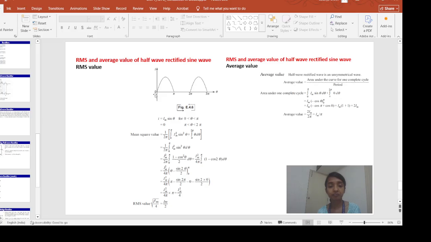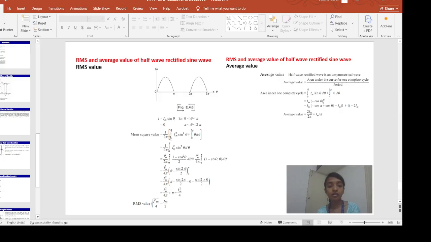It is the time taken to complete one full cycle. So for this signal 2 pi is the time period. That is why the formula is 1 by capital T, integration of 0 to 2 pi, I squared dt.